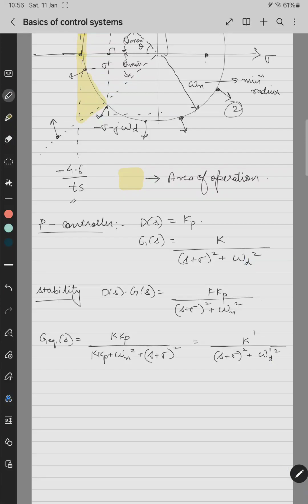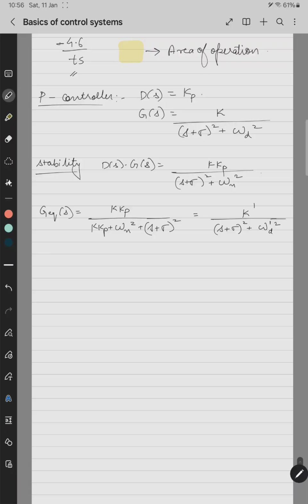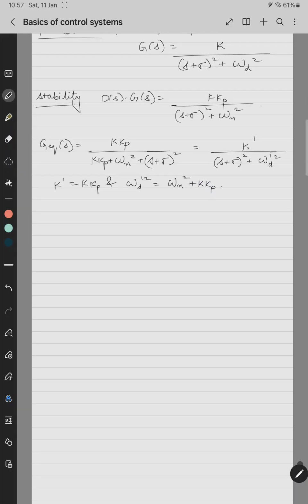K dash is K Kp, and omega d dash square will be omega d square plus K Kp. So this is the stability.